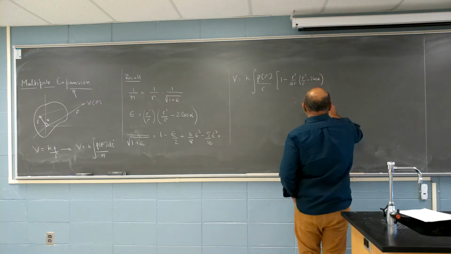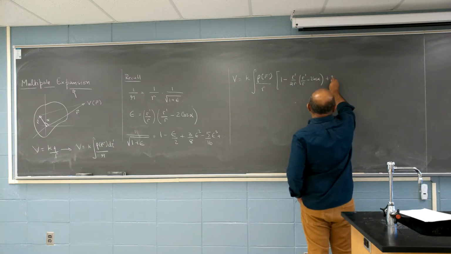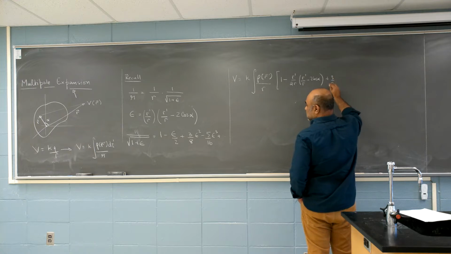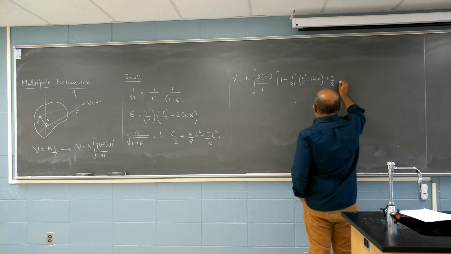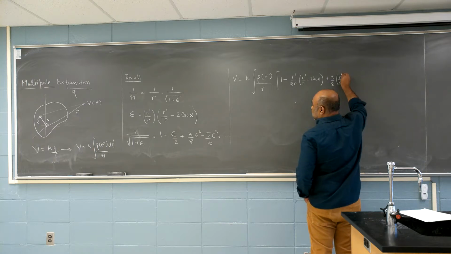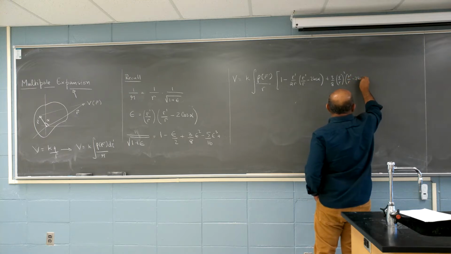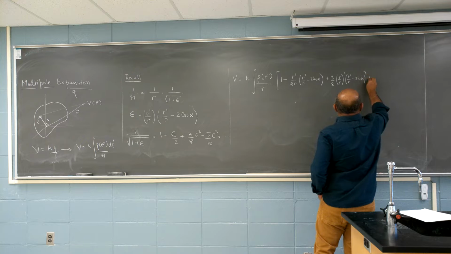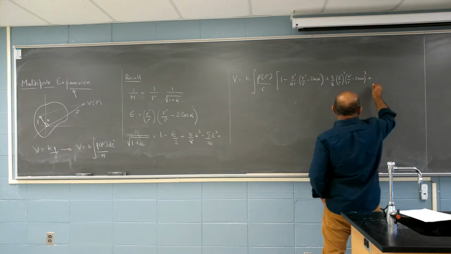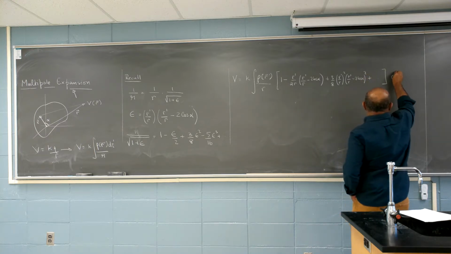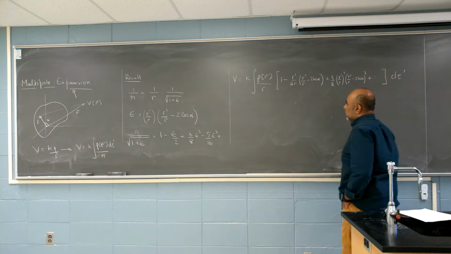What's the next one? Plus 3 over 8, r prime, 2 cosine alpha squared. I don't even know why I'm doing this, just to show you where these terms come from, because very soon I'm going to get tired, and of course we have to integrate all of this.